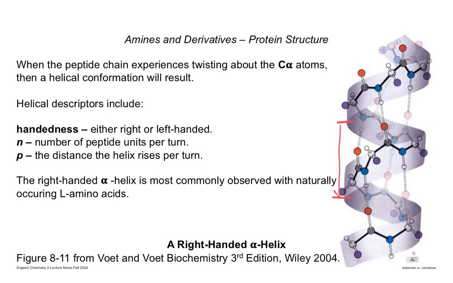That would be the pitch, P. And then how many amino acids are in that full turn? That will translate when we start talking about DNA base pairs as well. As it says, the right-handed alpha helix is the most commonly observed with L-amino acids. And I think DNA is also a right-handed helix.